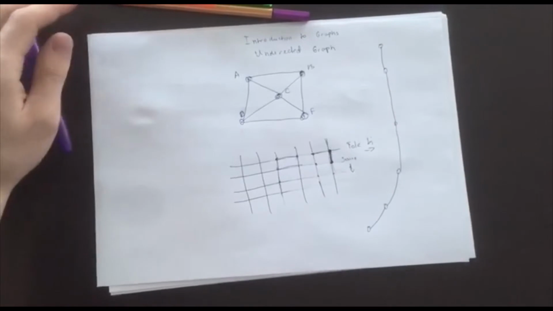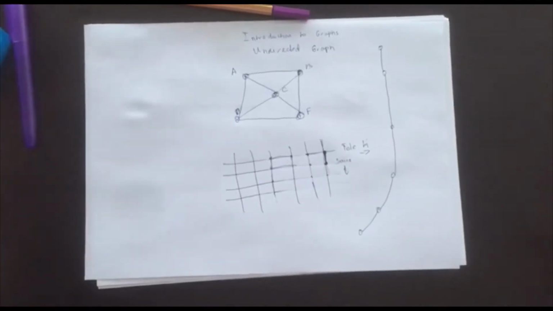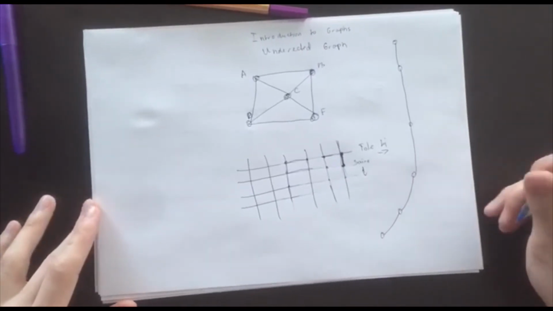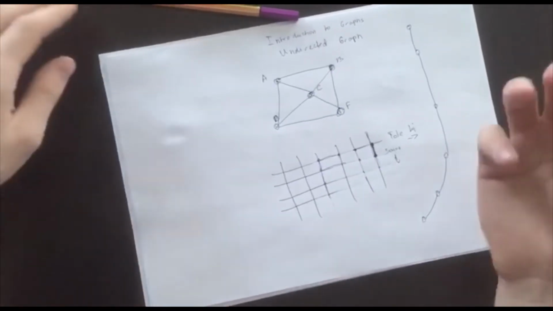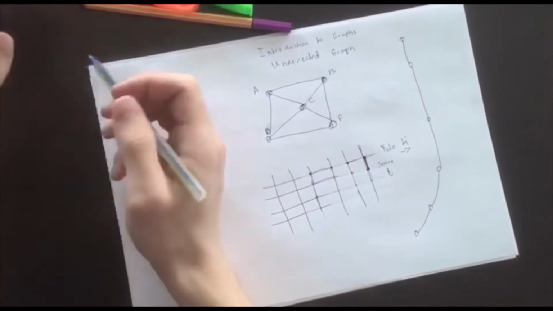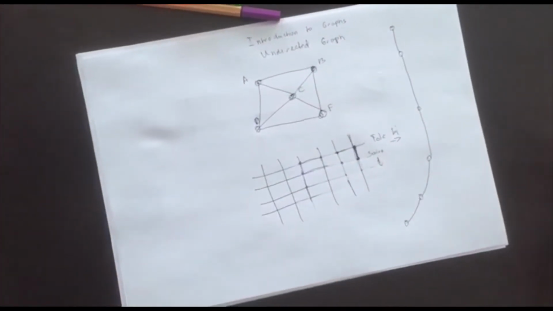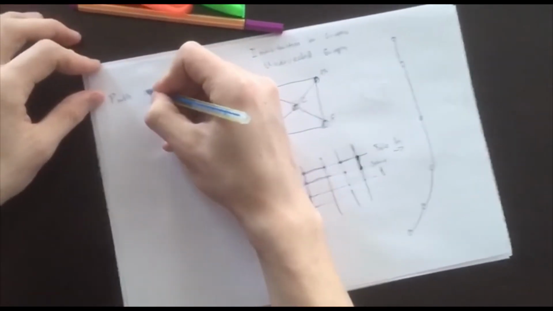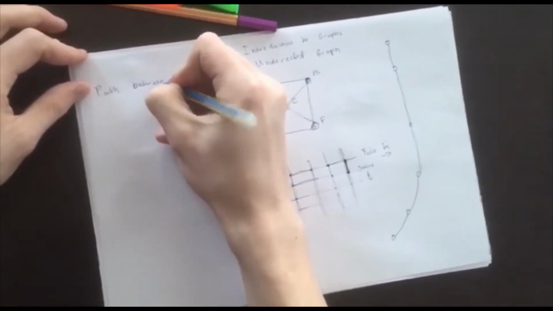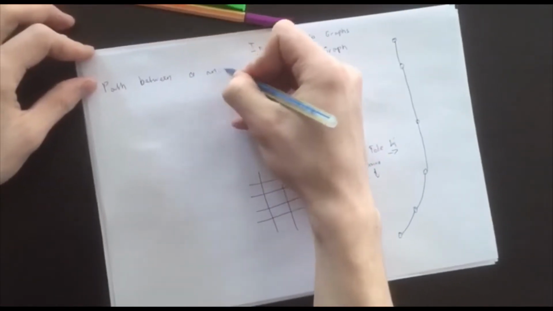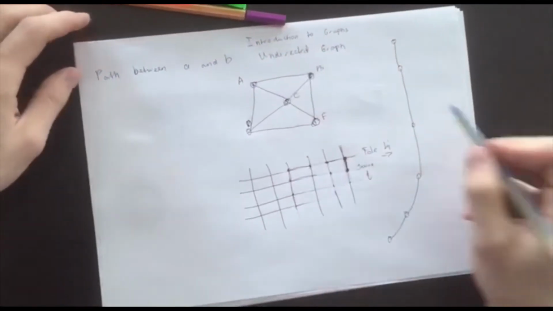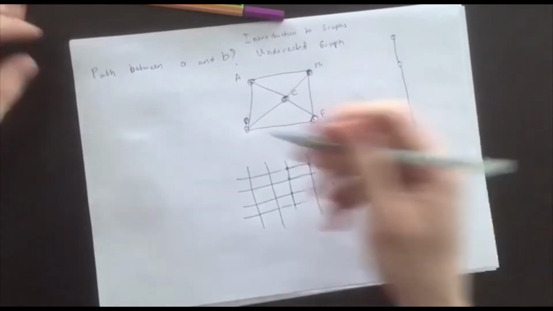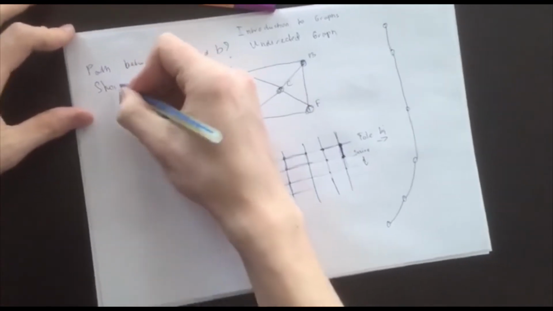And what problems can we meet with the undirected graph? They are not actual problems, we can say they are challenges. What do we want to know? We want to know is there a path between the two vertices, between vertex A and B. We might want to know the shortest path.